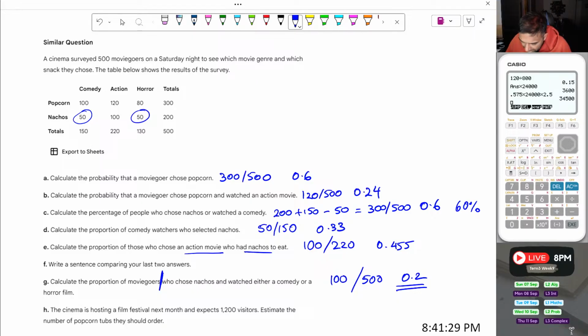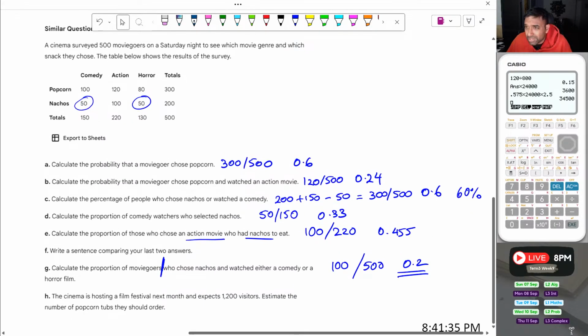All right, sweet. Is that okay, guys? We're going to go to question H, which is the last question for tonight, because I think this is pretty much all that you need to know for these kinds of questions. A cinema hosting a film festival expects 1,200 visitors. Estimate the number of popcorn tubs they should order.